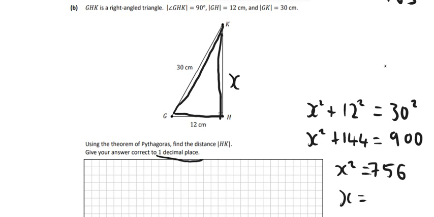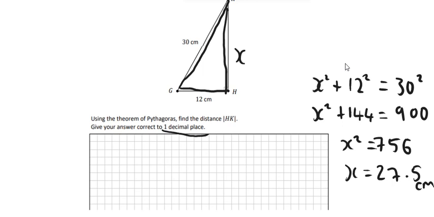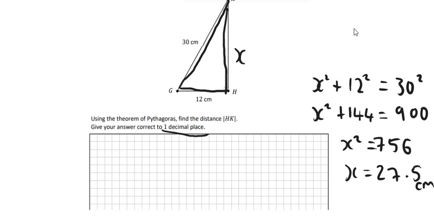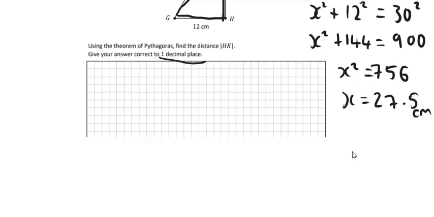So if you don't do that, you'll lose a mark. So you should get 27.5 centimeters. And that's it. So you're finding the squares of the two numbers 30 and 12, and then you subtract them, and then you find the square root at the end. So that's all of question 5 actually.